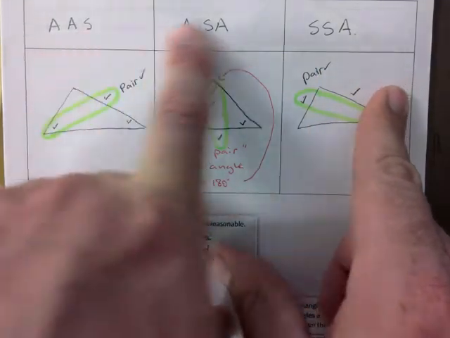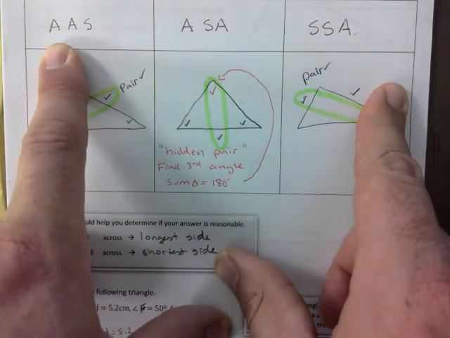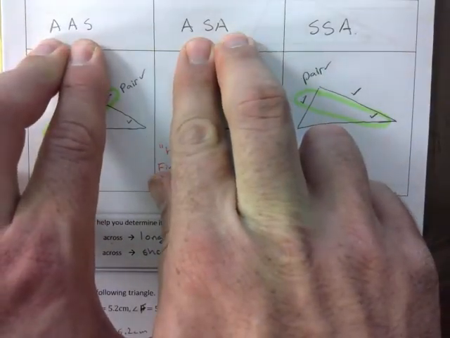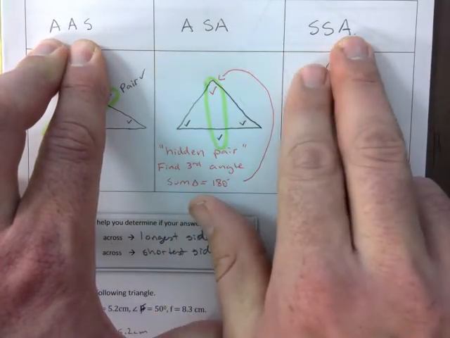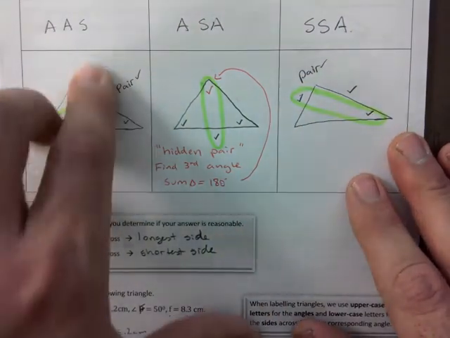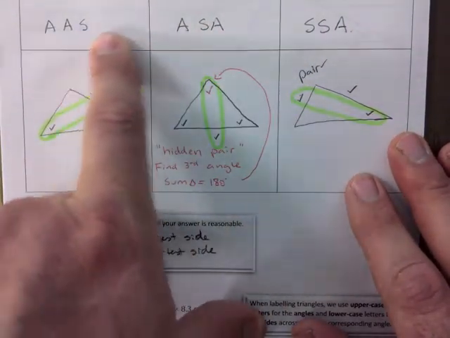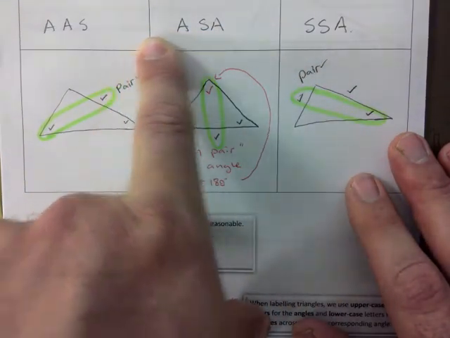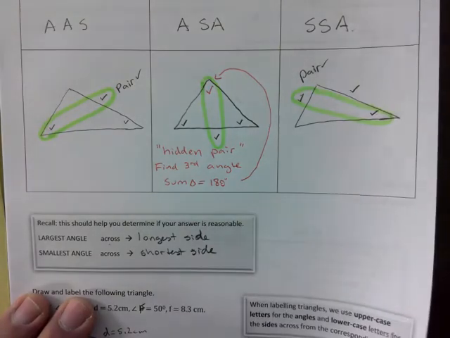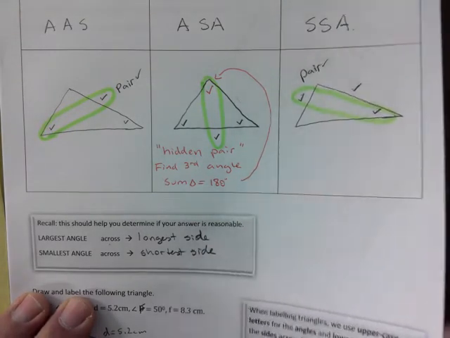Notice that all of them have at least one angle. There are 2 instances where you have 2 angles, and there's 1 instance where you have 1 angle. Once we do cosine law, I think you're going to realize the connection there. Like, when do the letters tell you whether or not you're dealing with sine law or cosine law?